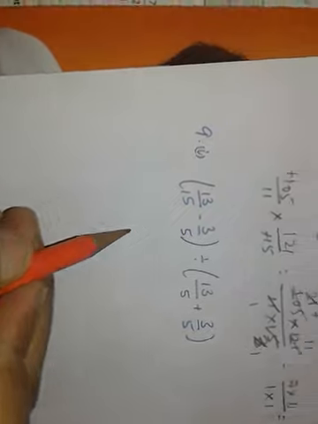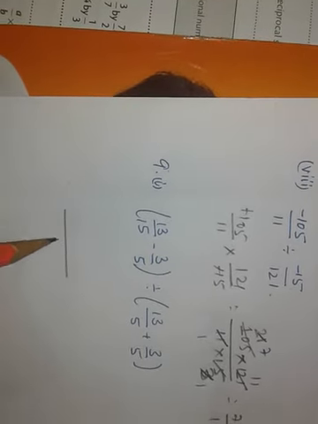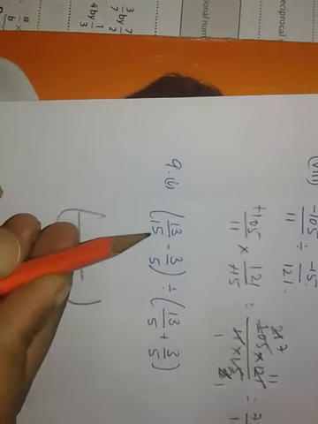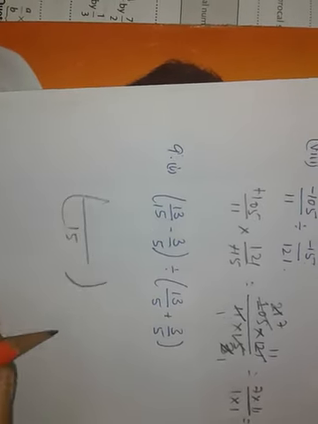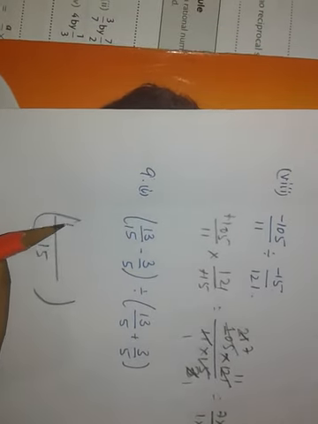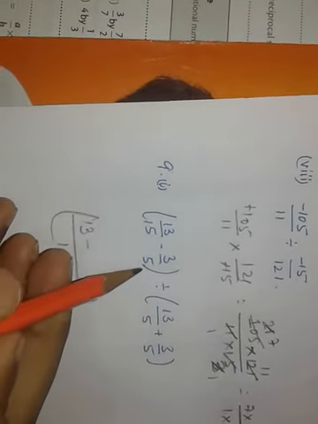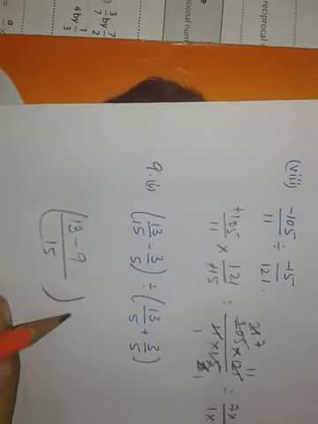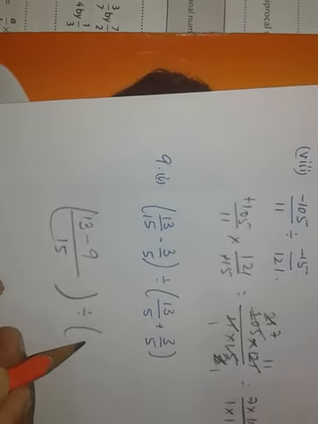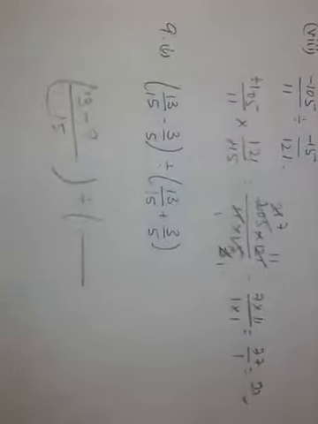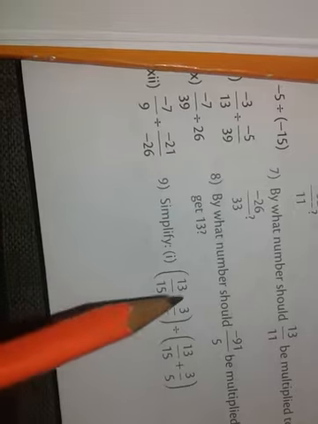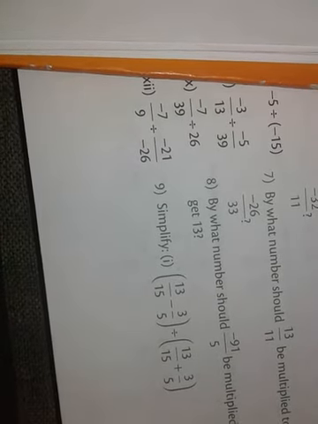So let's do it. We have to take the LCM here. As you know, if the second one is a multiple of the first one, then that multiple becomes the LCM. Here 15 is a multiple, so the LCM is 15. The question is 13 by 15 minus 3 by 5 divided by 13 by 15 plus 3 by 5.